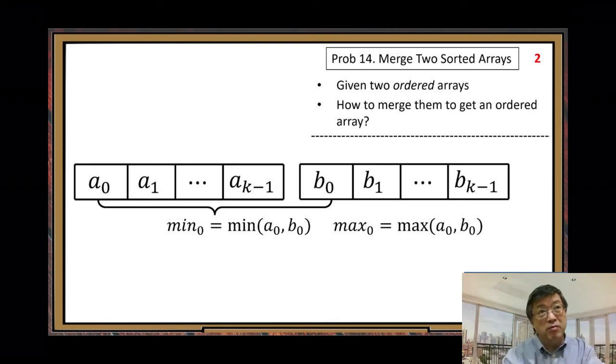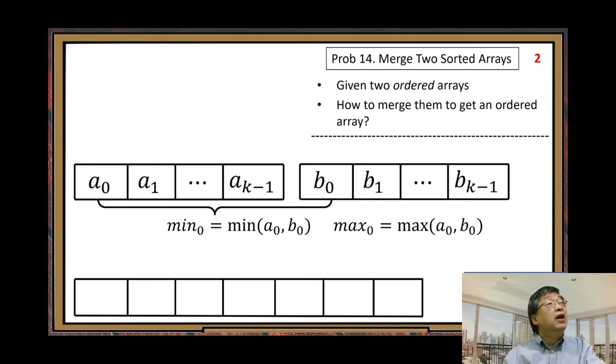So we use the notation min 0, another max 0. After that comparison, look at how much we can do with that first comparison. We can do something useful for our destination array.